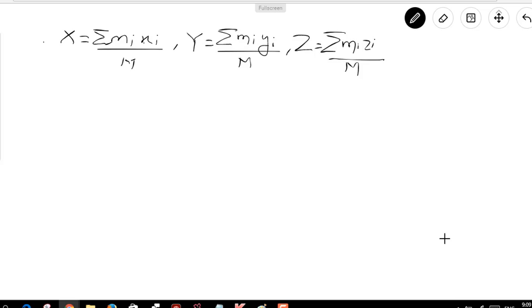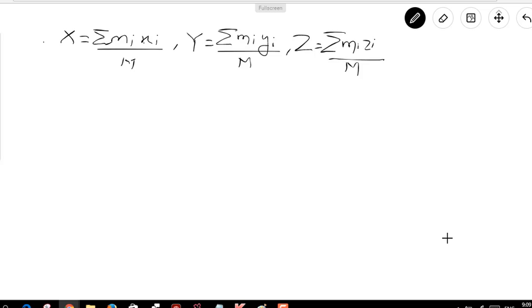So recall that in the previous video we found the center of mass of continuous bodies using this formula. This is the general formula for a system of bodies. Recall that in the previous video we saw that the center of mass of a number of particles, a system of particles, can be calculated by this formula.